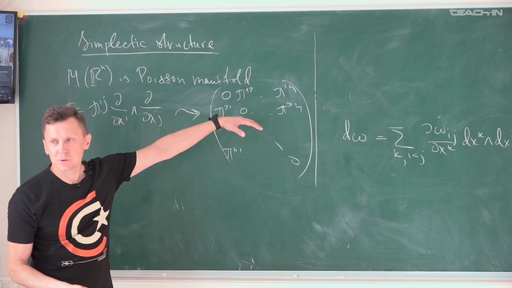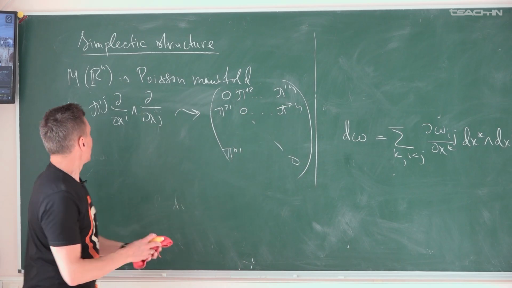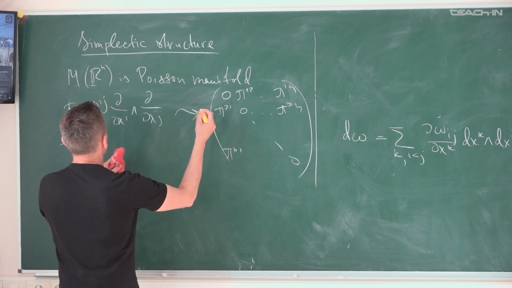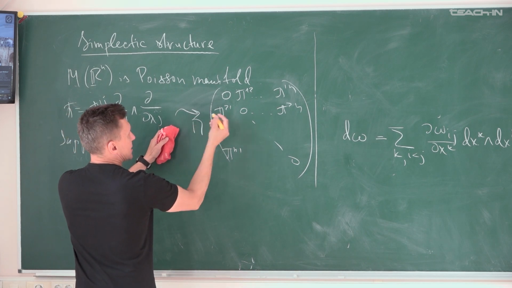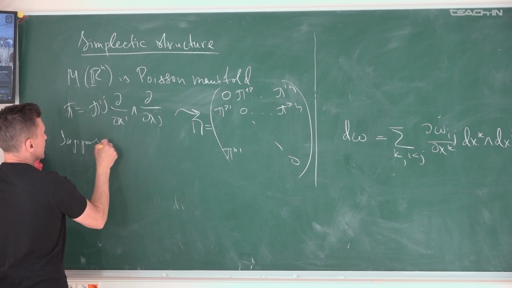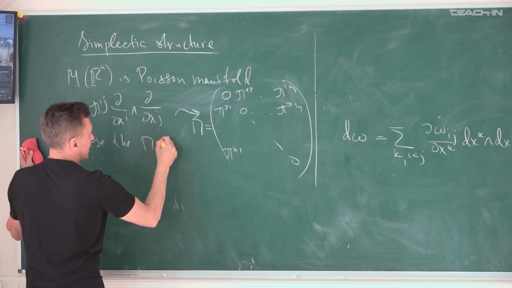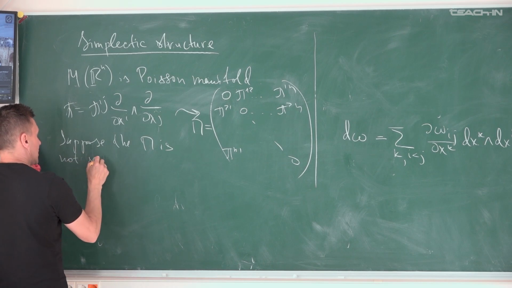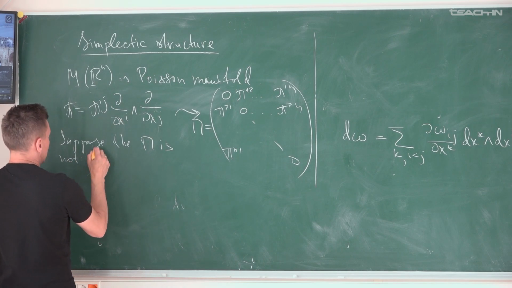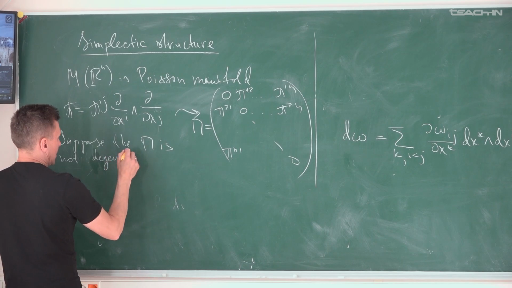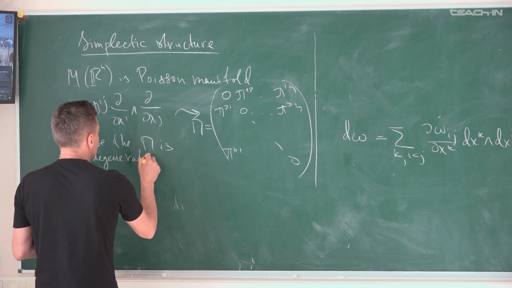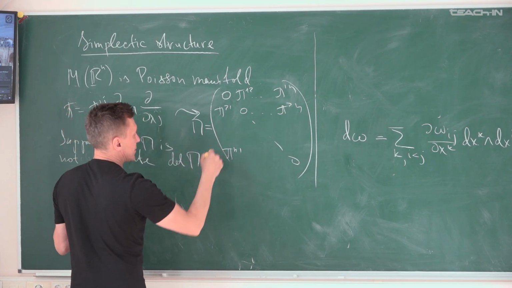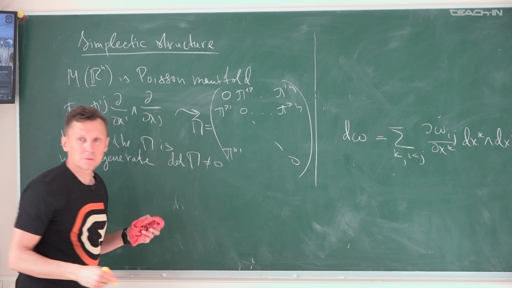We know that this matrix is skew-symmetric. Let it be matrix pi. Suppose that pi is not degenerate. It means that the determinant of this matrix is not 0.